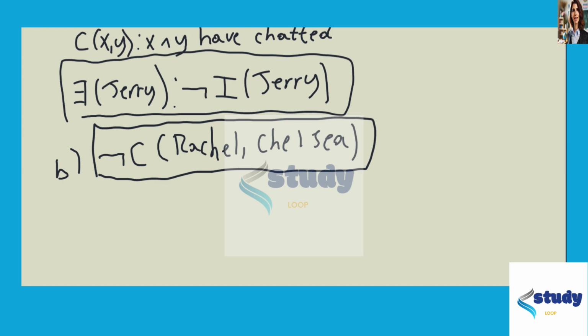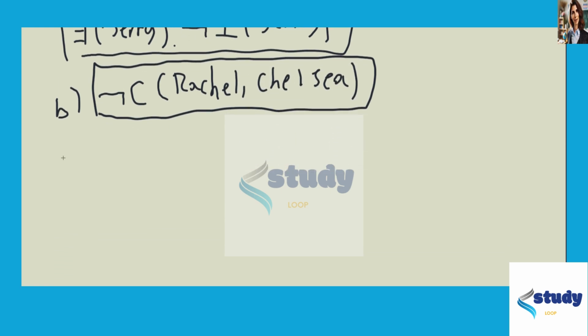Then for part C, we rewrite the statement as follows. So we have for a student x, Jan and Sharon have never chatted over the internet.